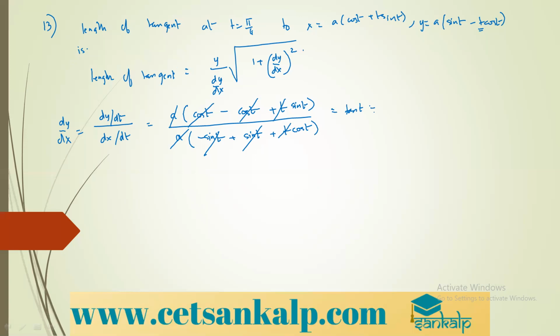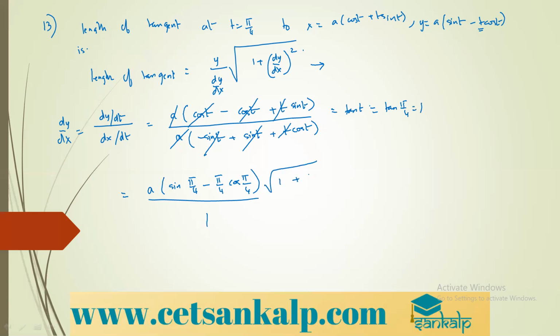At pi by 4, tan pi by 4 is 1. So the length of the tangent will be y. In y, you will put t as pi by 4: a sin pi by 4 minus pi by 4 cos pi by 4, with dy by dx being 1.